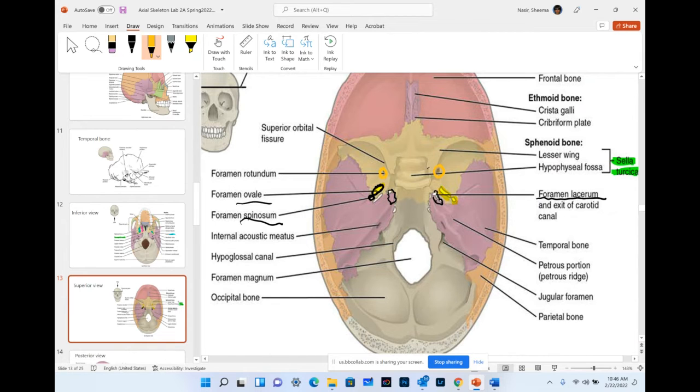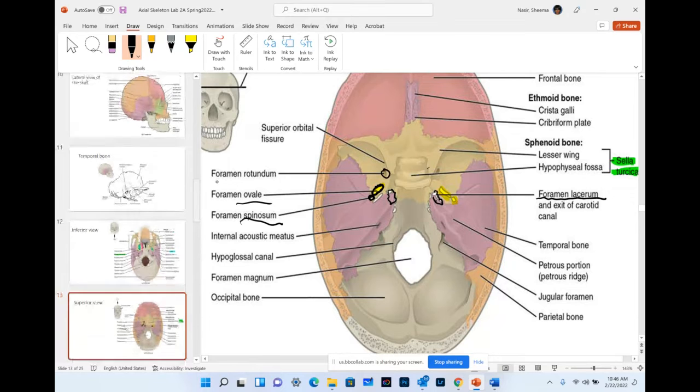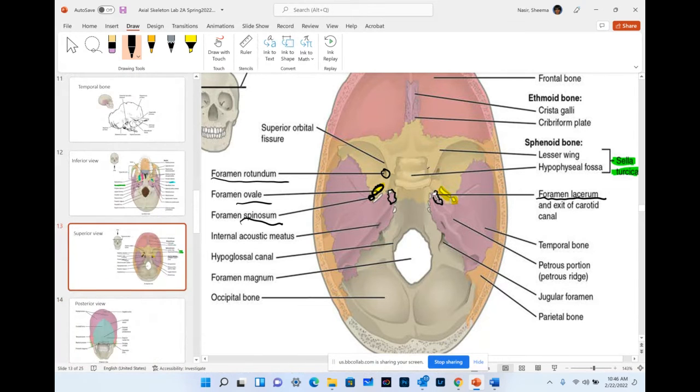Rotunda, round. It is a very round hole. Do you understand? This is your foramen rotundum. And right behind it is your foramen ovale and foramen spinosum. And medial to the midline is your foramen lacerum.